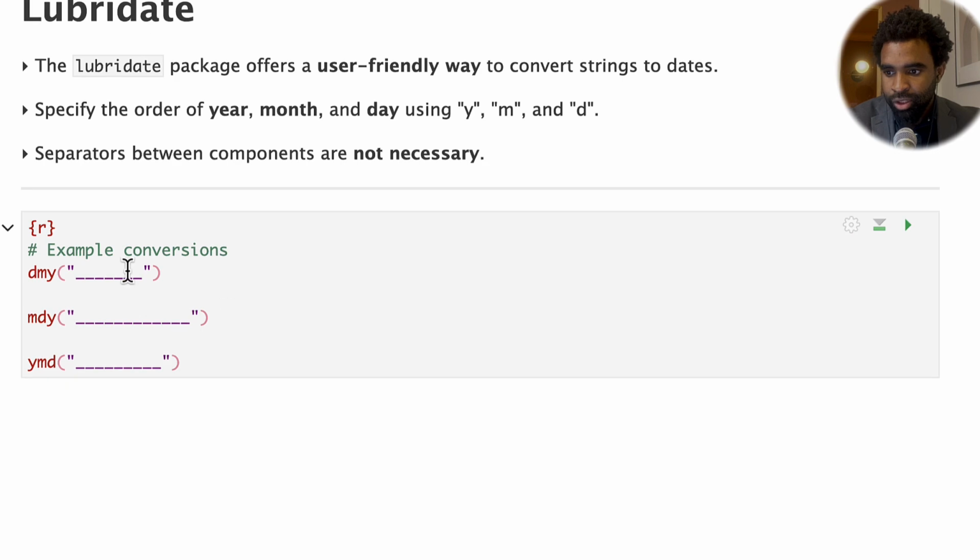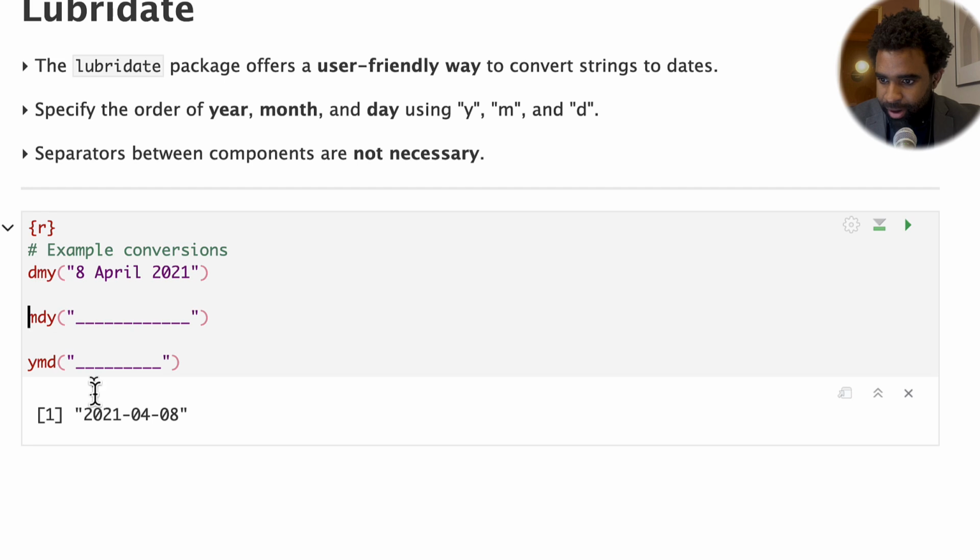Okay. So let's look at some examples. We can parse using dmy. We can give any date that starts with the day and then the month and then the year. So let's try, let's say 8th of April 2021. And if I run that, you see it parses successfully into this date.